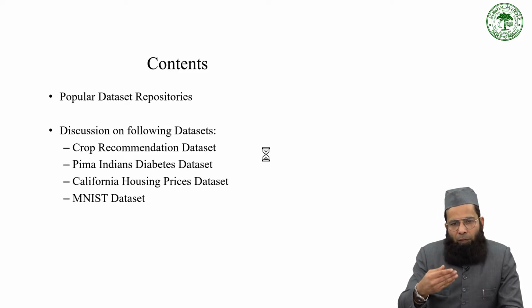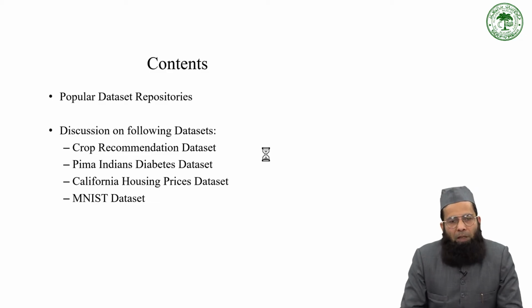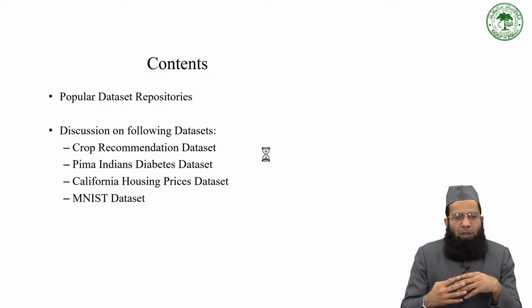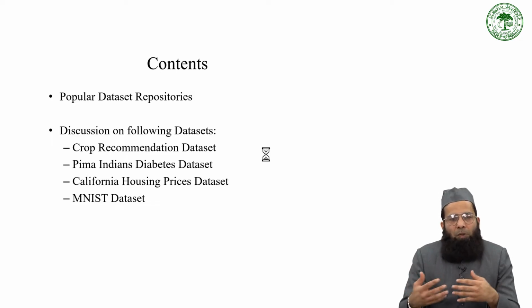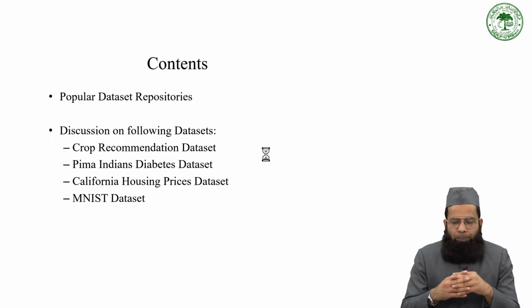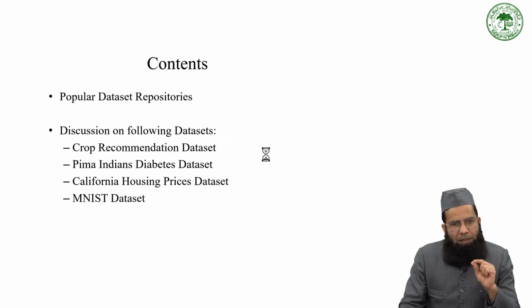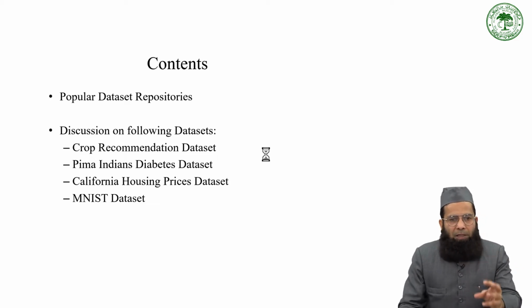So these four datasets we will be using throughout the course, and we will perform several experiments utilizing these datasets. So we will discuss what these datasets are, what the different parameters are, and why these are important.